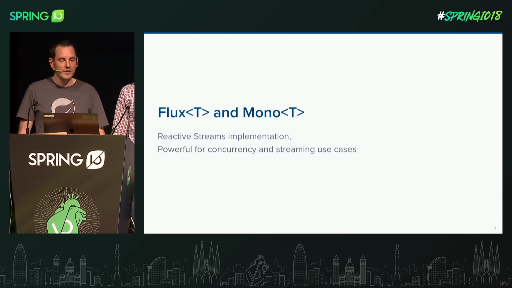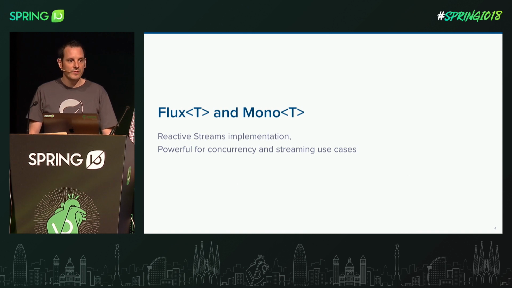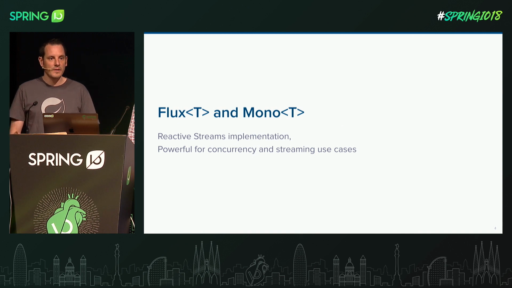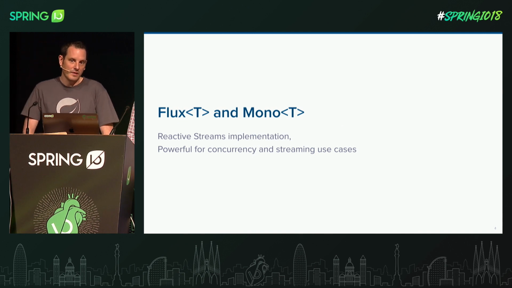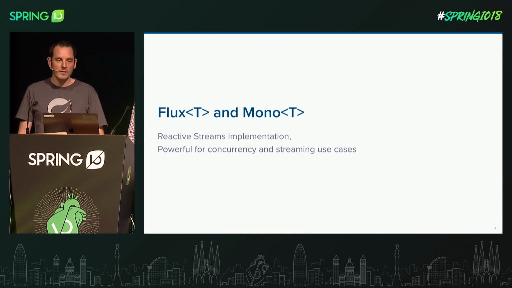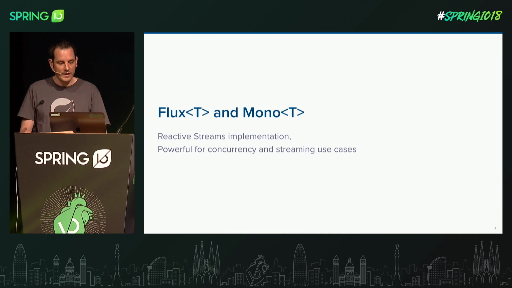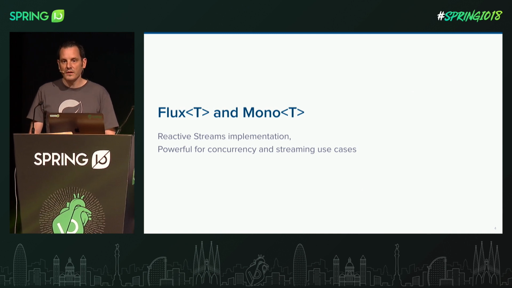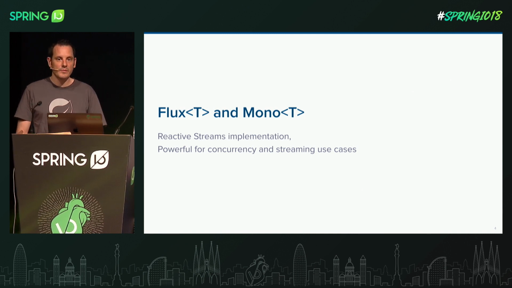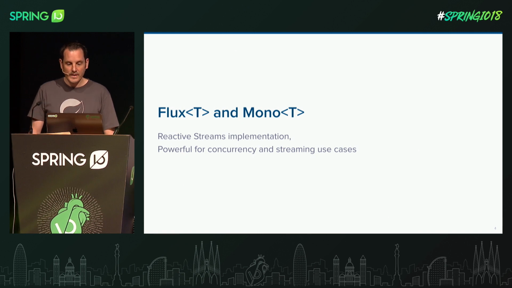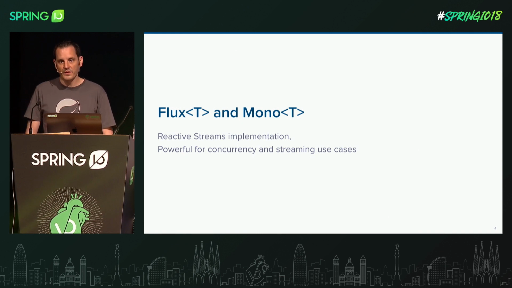As you'll see in the demo, what you need is something that gives you operators or high-level functions to transform the data, map the data, and those are provided by an implementation. In the case of Spring Boot 2 and Spring Framework 5, we're using Project Reactor. And Project Reactor introduces two types you've probably heard of, Flux and Mono. Those are really the two classes you're interested in when you start working with reactive programming.